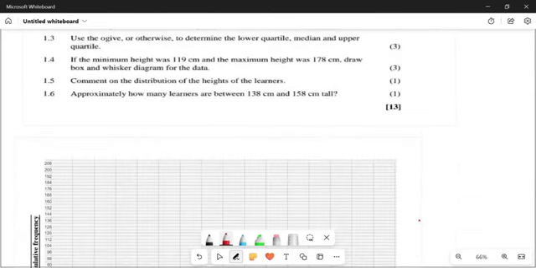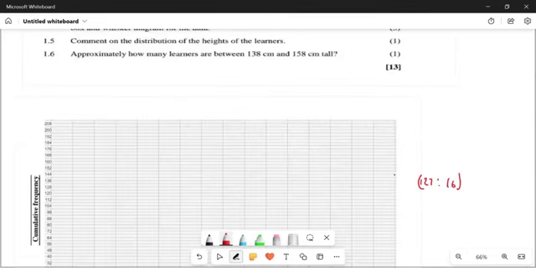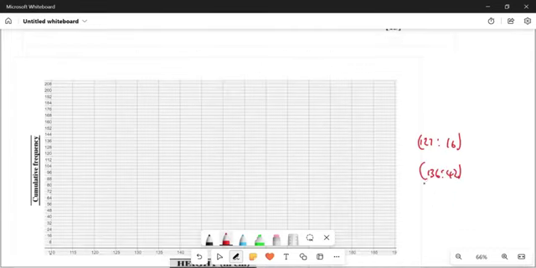The first one is 127. It goes with 16. 136 goes with 42. 145 goes with 84.